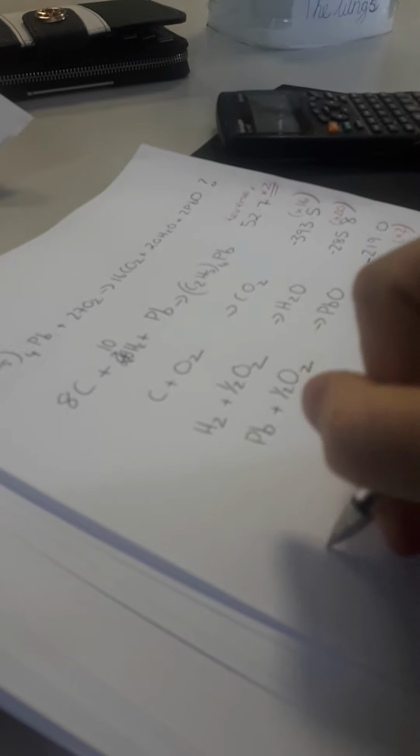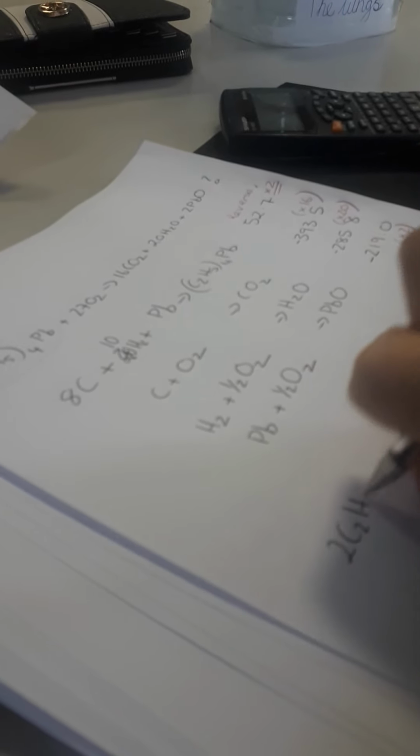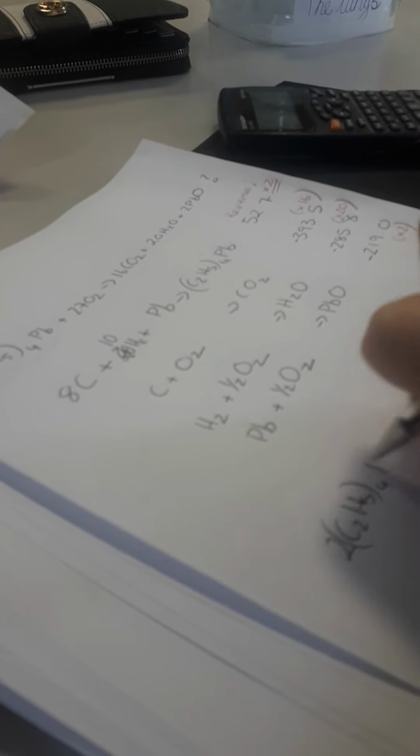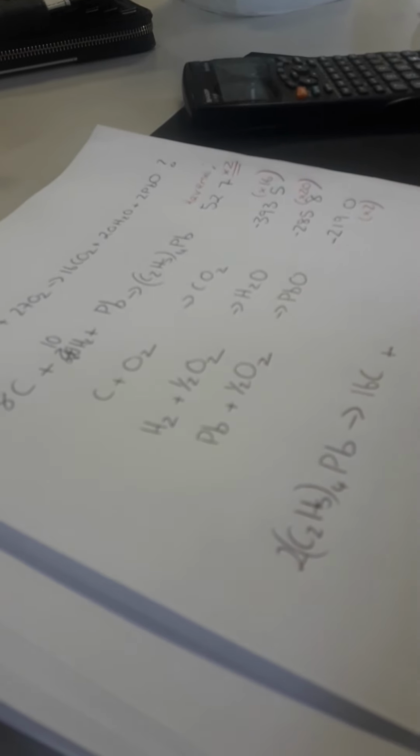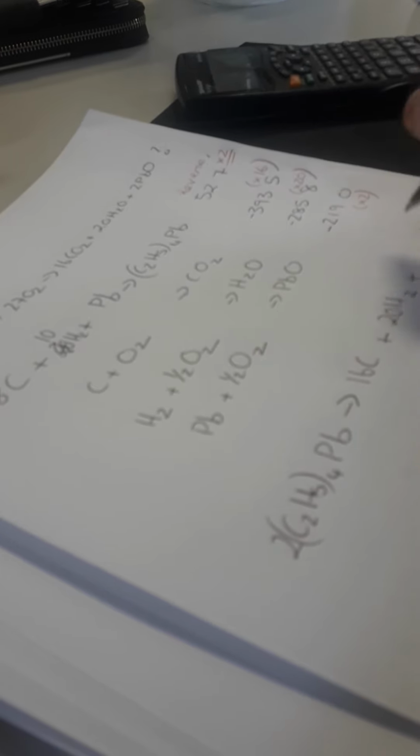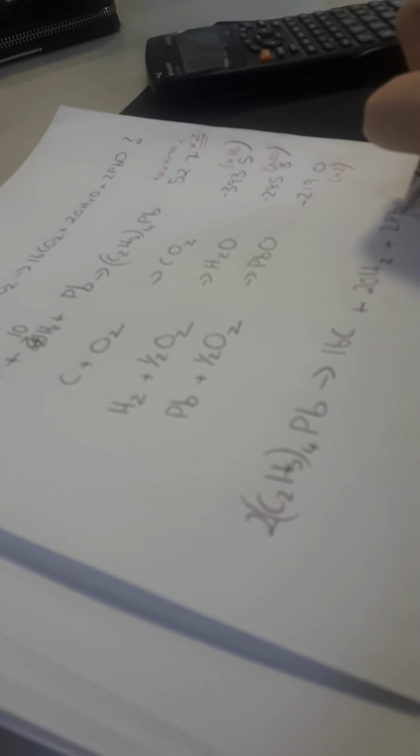So what we have here then is I'm going to reverse and multiply my first equation by 2. So that means I have 2 (C2H5)4Pb, and that goes to 8 by 2 is 16C, plus 10 by 2 is 20H2, plus 2 by 1 is 2Pb. I'll come back to the actual values in a minute.